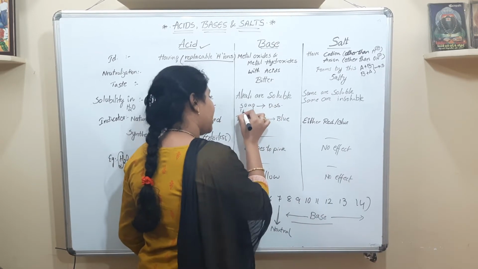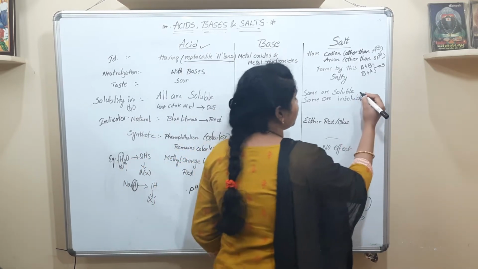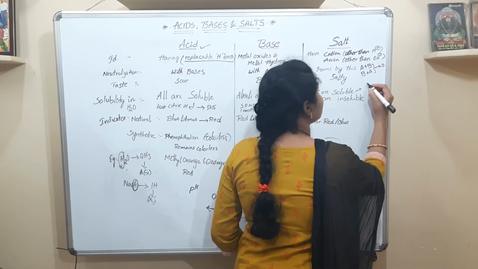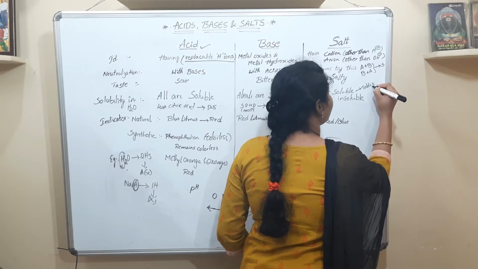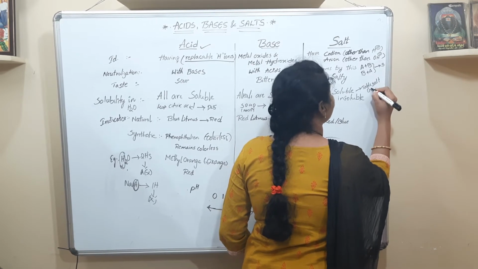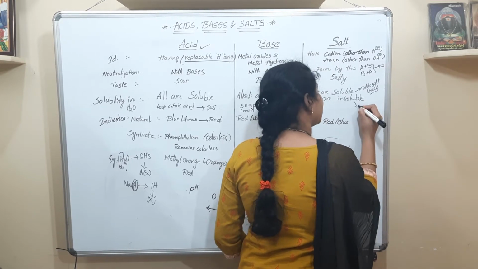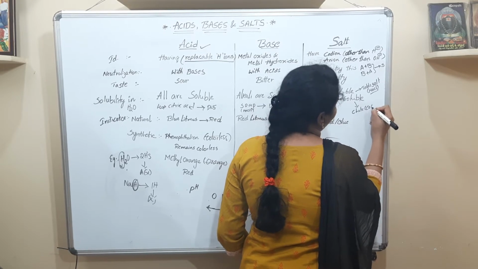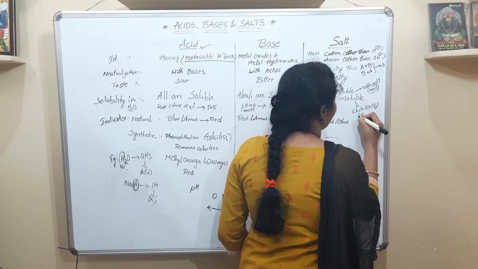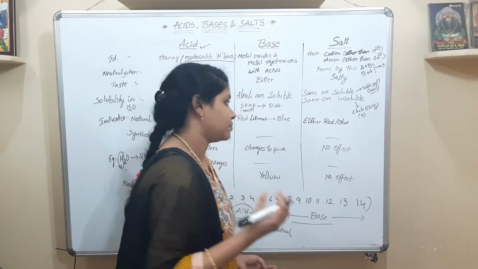And the soap is made up of NaOH, which is an alkali. And some salts are soluble and some are not soluble. Table salt, that is NaCl, is completely soluble in water, but chalk, which is calcium carbonate, is insoluble in water. It remains as a precipitate in the glass.